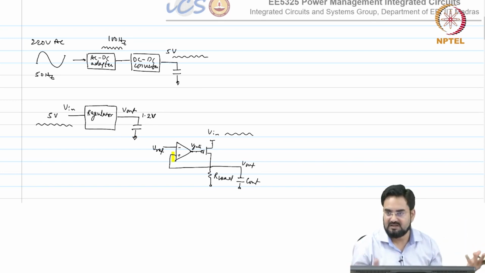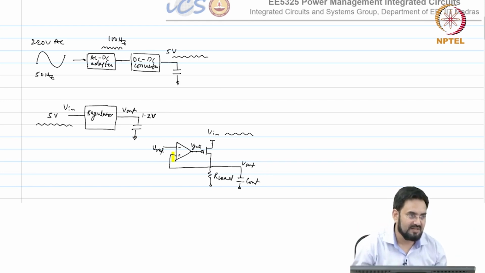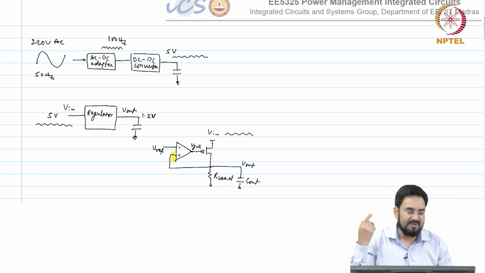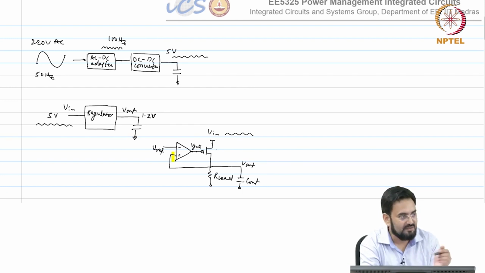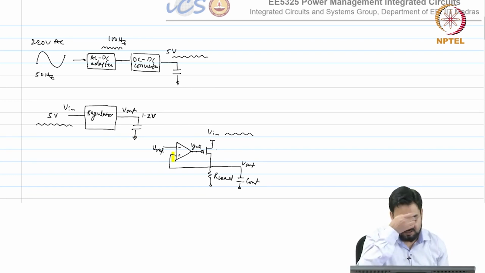On chip we can mostly put tens of picofarads. So you can never make this the dominant pole, that is a problem. There are some techniques where you inject this noise at the gate to cancel it and improve the PSRR. We will talk about that when we discuss the design of your linear regulator.